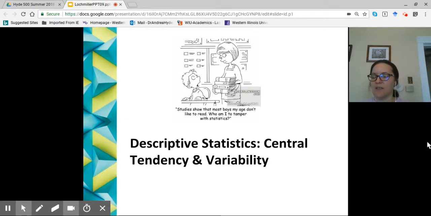The important part is learning the vocabulary enough so that you can use it in a meaningful way, and you can understand how the authors of the research studies that you're reading have used these terms, so you're not so confused if they're referring to something as a continuous variable.